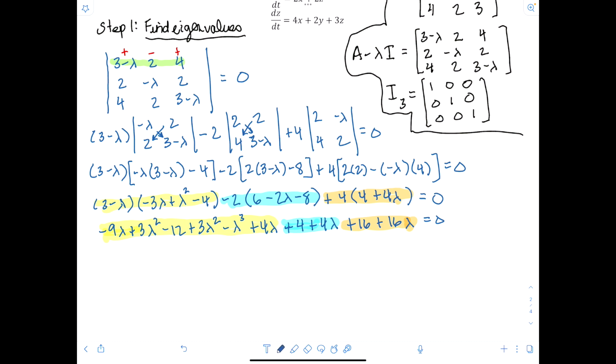All right, so now combining everything, I think we only had 1 lambda cubed, so negative lambda cubed, this guy. And then we have a 3 lambda squared, another 3 lambda squared. So we'll get plus 6 lambda squared.